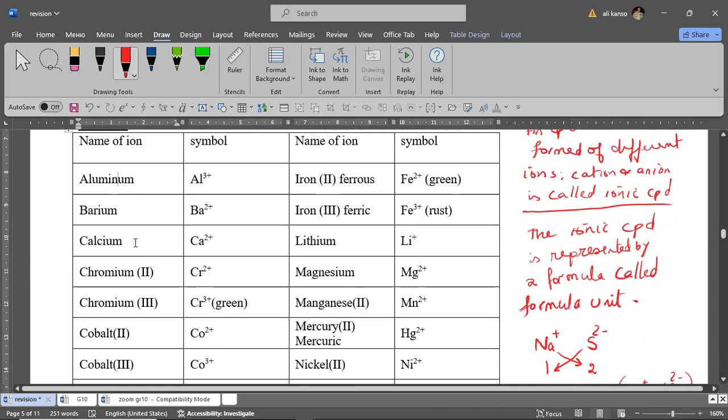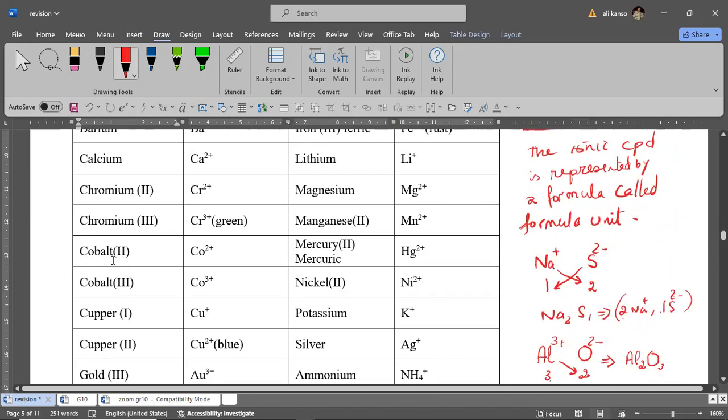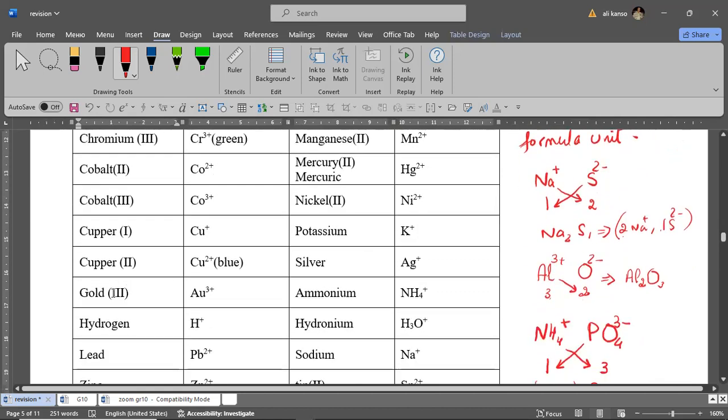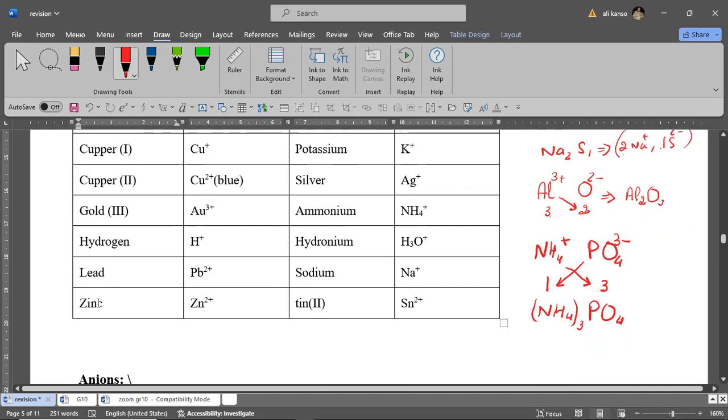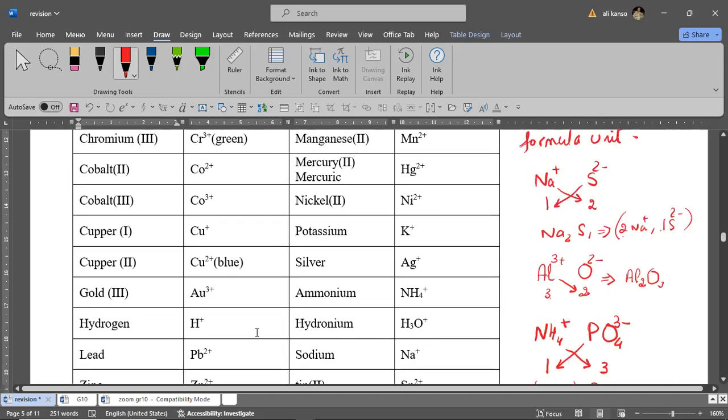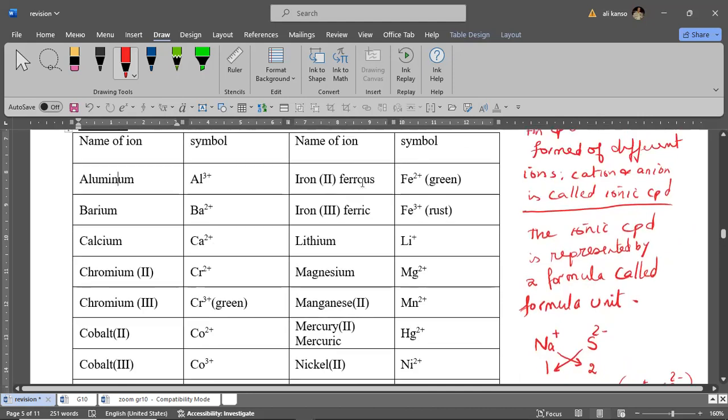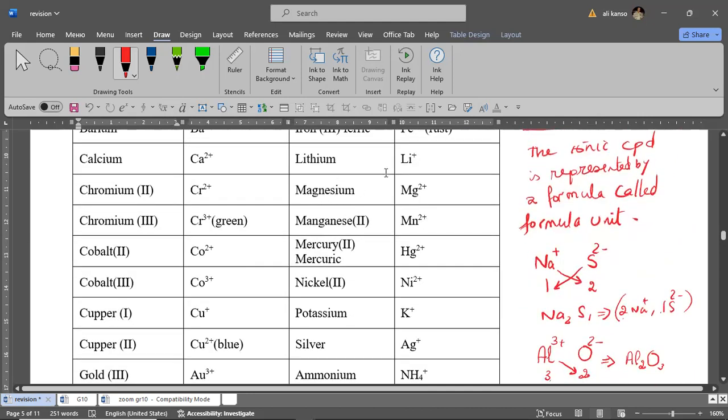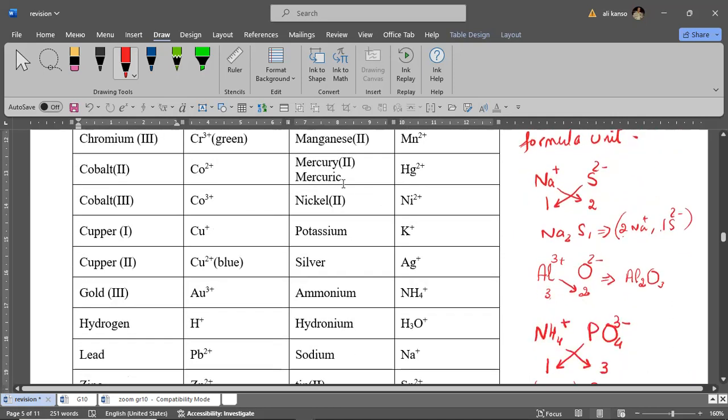Barium 2 plus, calcium Ca2 plus, chromium 2 and chromium 3, cobalt 2 and cobalt 3, copper 1 and copper 2, gold 3, Au3 plus, hydrogen H plus, lead Pb2 plus, zinc Zn2 plus, iron 2 and iron 3, lithium Li plus, magnesium Mg2 plus, manganese Mn2 plus.